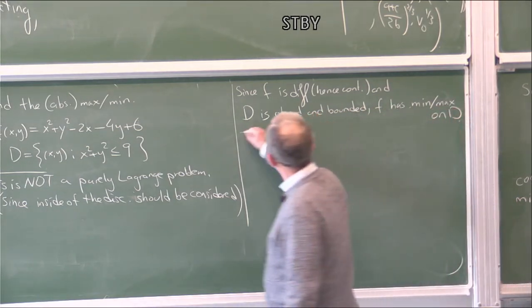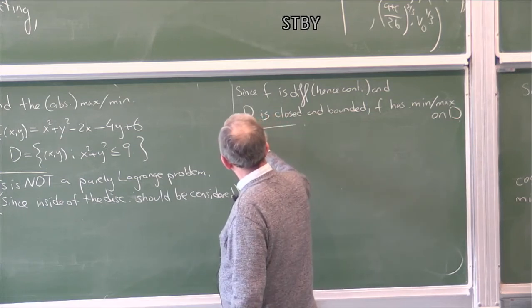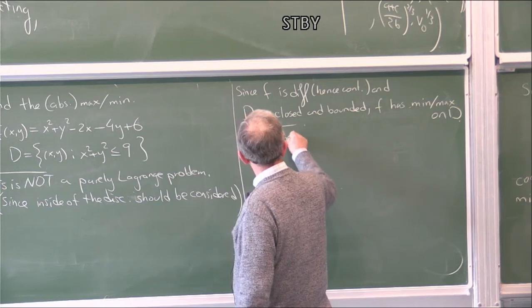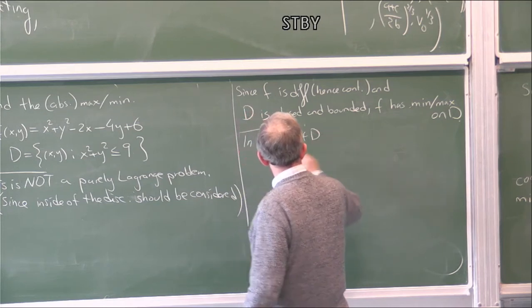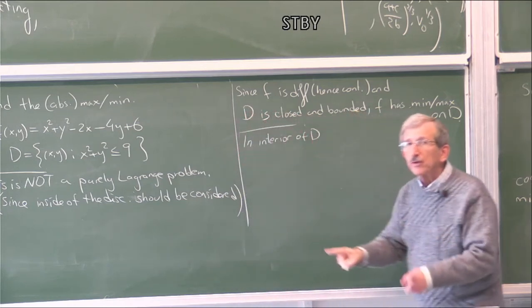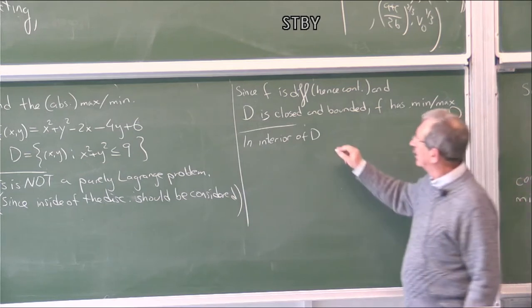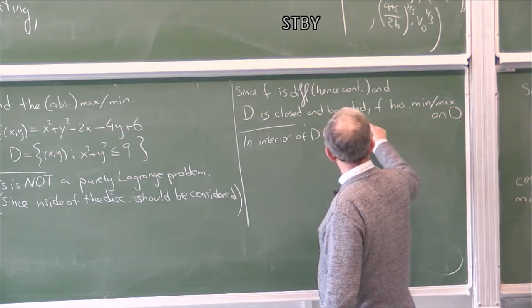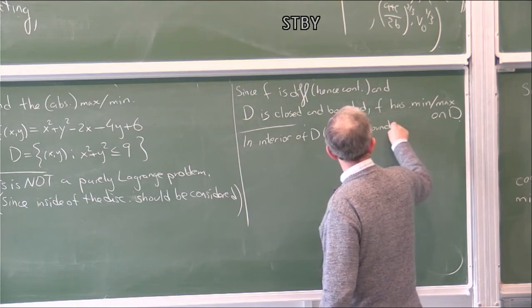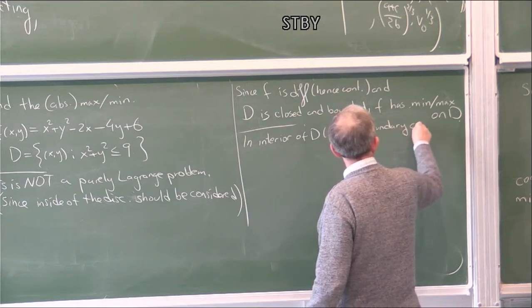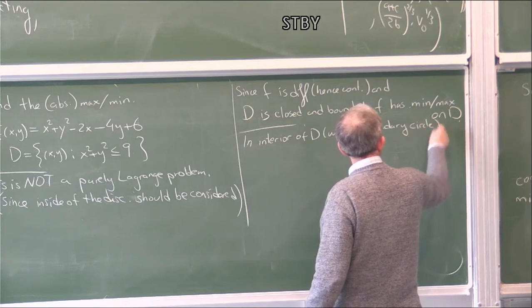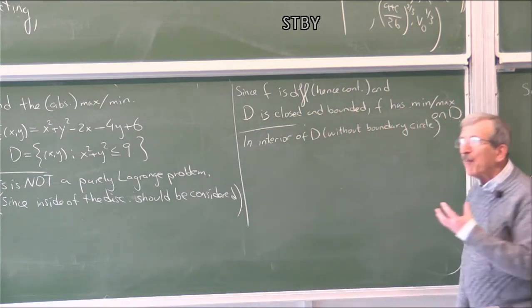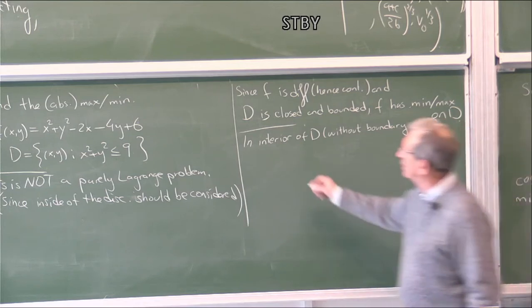So, okay, in the interior of D, that is without the boundary, okay, boundary circle, this means that they will be among critical points.